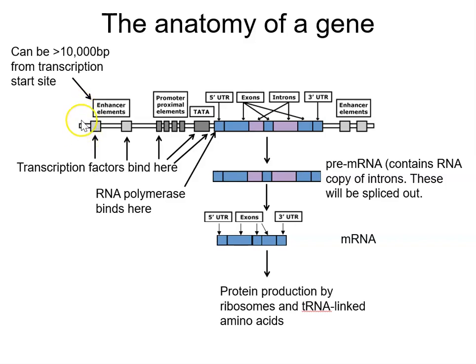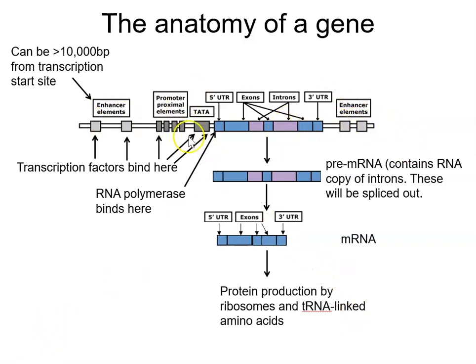So if we start here, all of this region here doesn't contain exons, and then we've got exons separated by introns, so we've got exon, intron, exon, intron, exon. So this is a representation of a very small gene with just 3 exons. Even something with just 3 exons, if you take into account all of these regions here and down here, you could be looking at easily 20-30,000 base pairs of DNA.